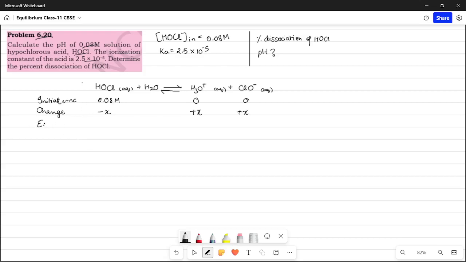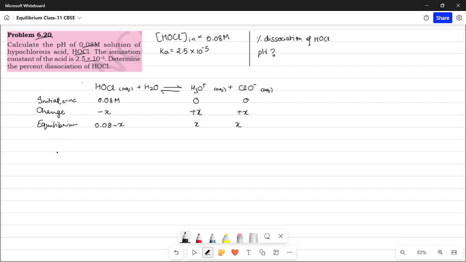So at equilibrium, the concentration is going to be 0.08 minus X, and then for these it'll be X and X respectively. We first wrote down all of the initial, change and equilibrium concentrations in a tabular form.